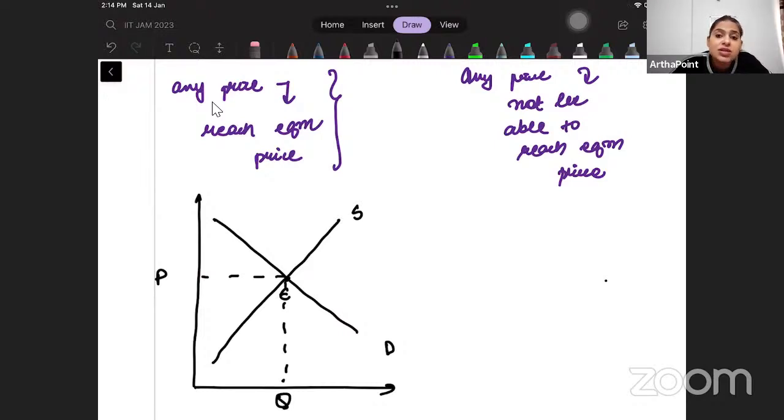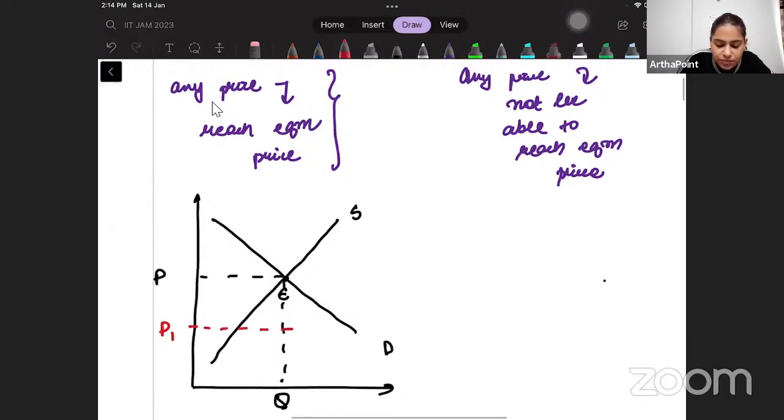But the question is, what happens if I take any price which is not the equilibrium price? Let's say I take a price like P1. What happens at this price? At this price, we see that demand is more and supply is less.